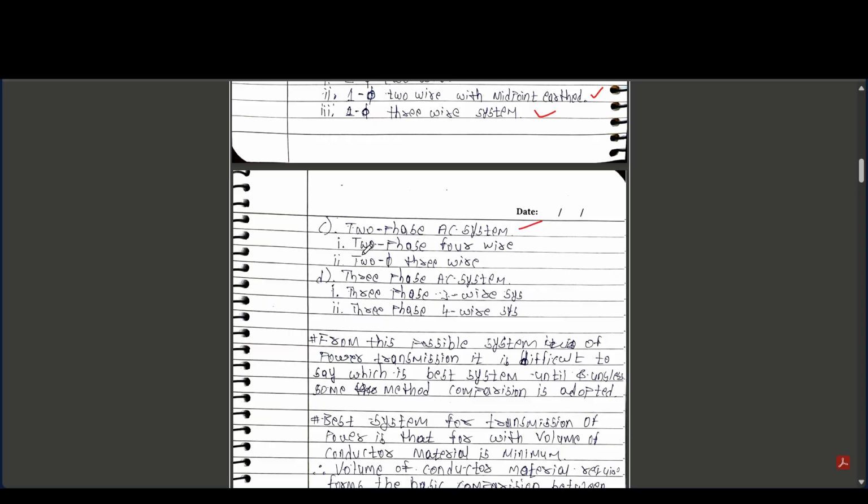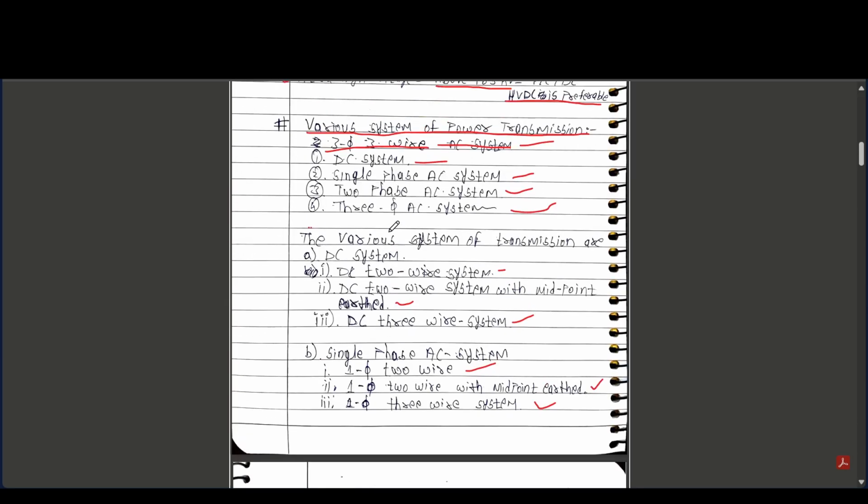In that we have two phase four wire and two phase three wire system. In three phase AC system we have three phase three wire system and three phase four wire system. So typically these are sub classifications of all the various systems of power transmission.